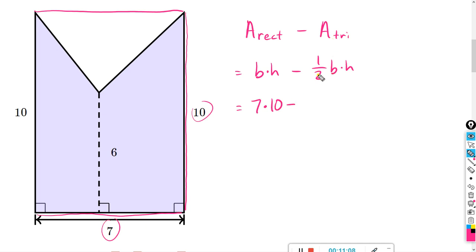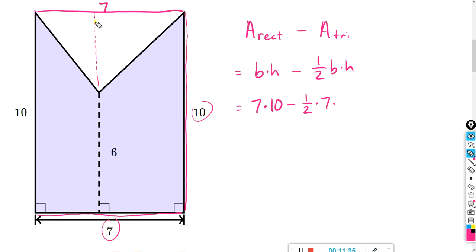And then for the triangle, we have the 1/2. And the base of the triangle right here is going to match this side, so that's 7. All right, so the base of the triangle is 7. And for the height of the triangle, that's going to be this distance inside the triangle.